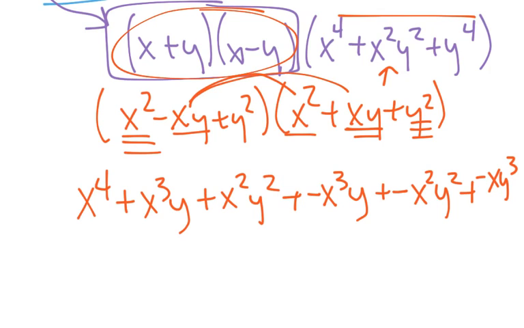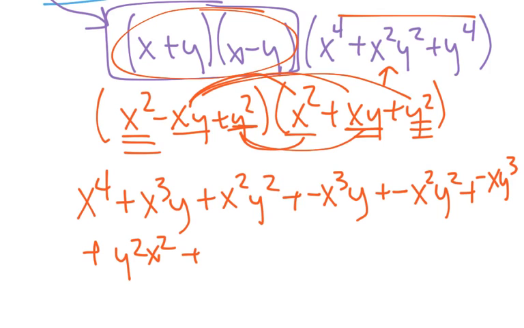Okay, so that was multiplied by all those three. So now this y squared times x squared will give us plus y squared x squared, plus y squared xy would give us x y cubed, plus y squared times y squared would give us y to the fourth.